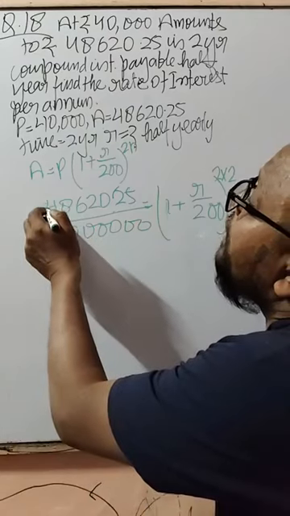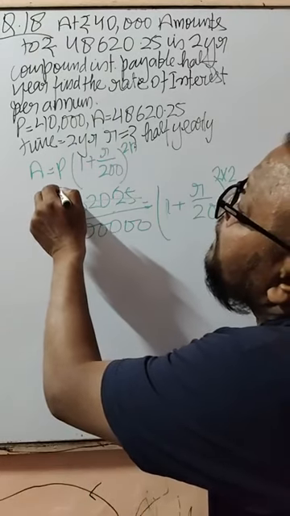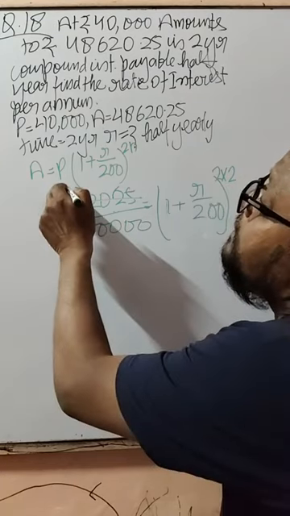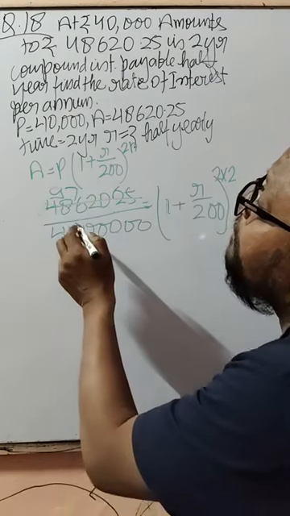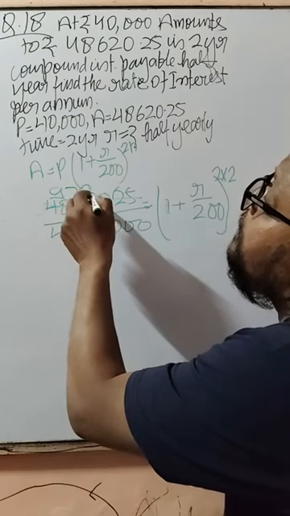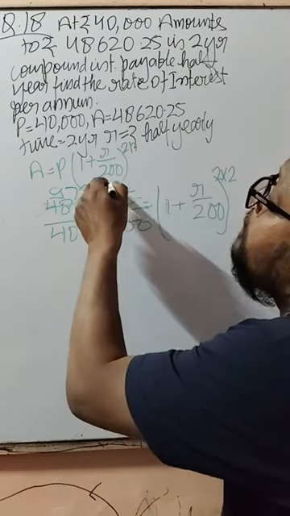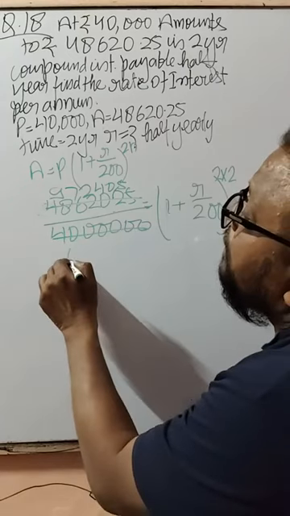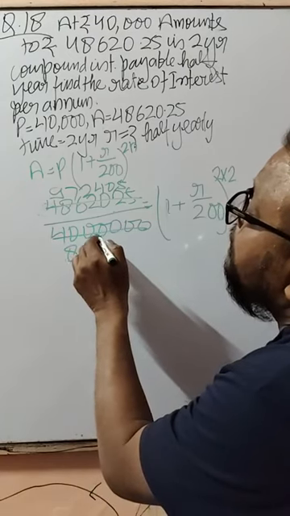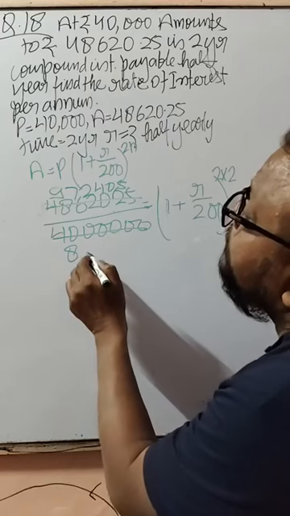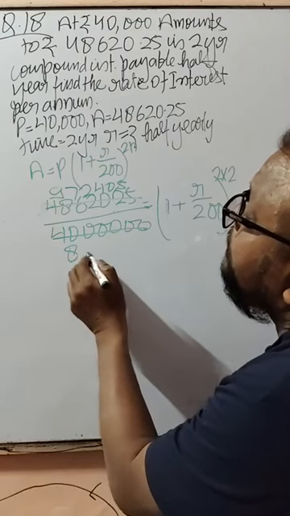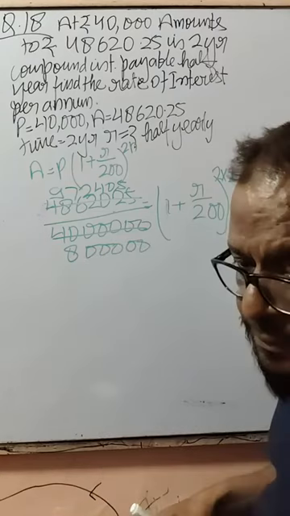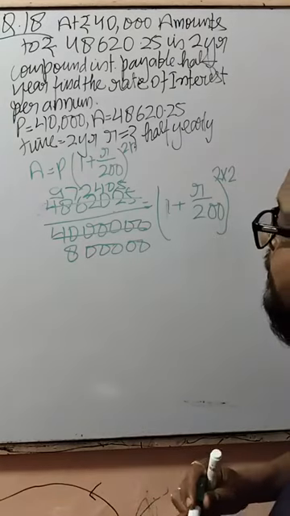If we divide by 5, it becomes 9 times 5 is 45, 7 times 5 is 35, 2 times 5, 405 upon 8 lakh. You get this? Yes, sir.